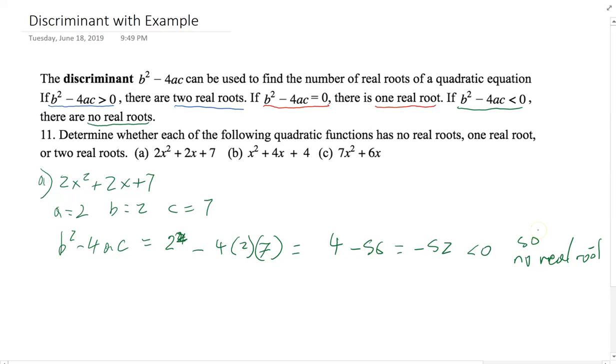Then for the next one, x squared plus 4x plus 4, our a will be equal to 1, b equals 4, and c equals 4.